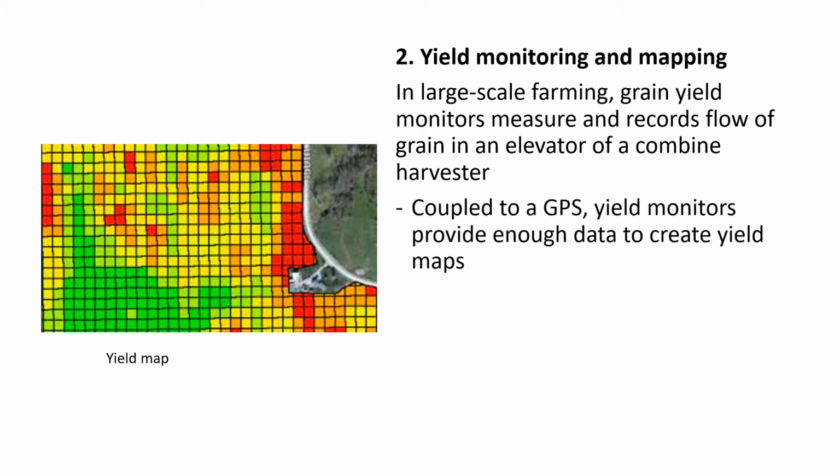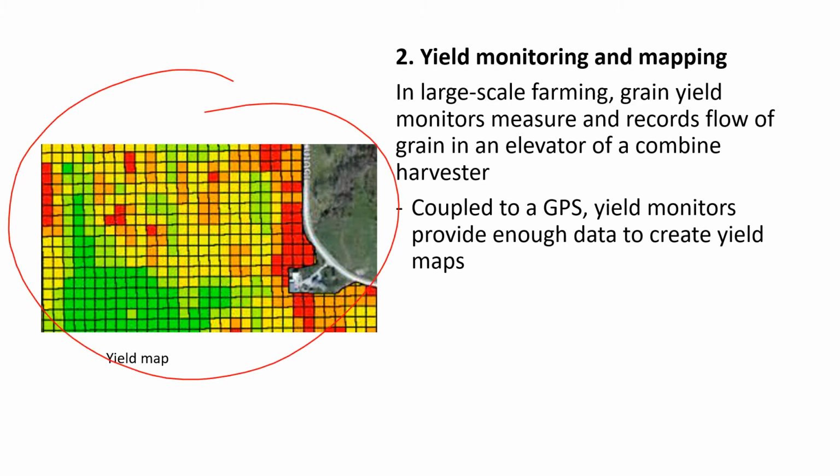And these grain yield monitors are coupled to a GPS so that they could provide enough data which will enable us to create a yield map like what we have in this particular picture here.